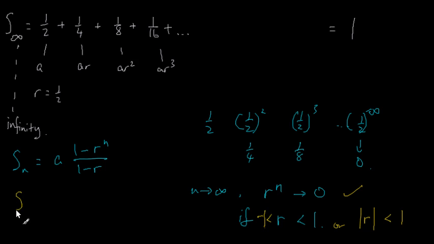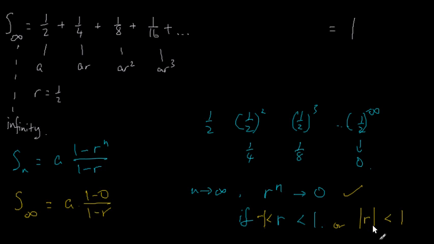So finally, I can write down now the formula for the sum to infinity. S to infinity is a times 1 minus 0 over 1 minus r, because r to the power of n would go to 0. And it is important to remember that for this to be true, the magnitude of r must be less than 1.